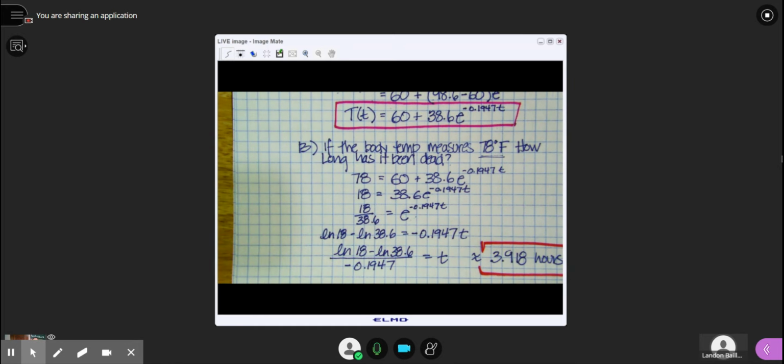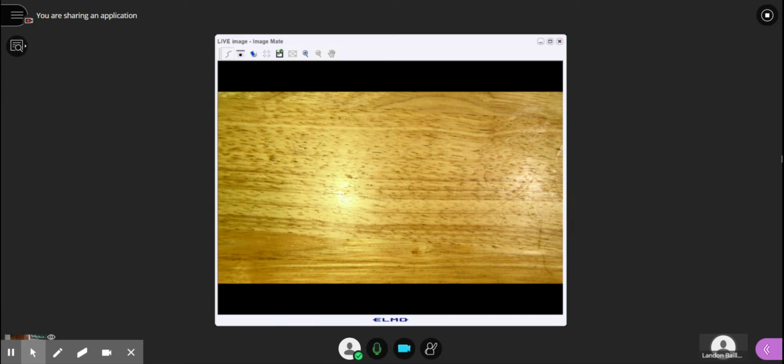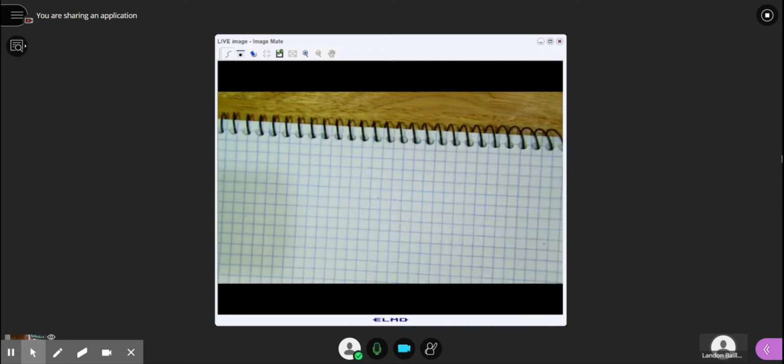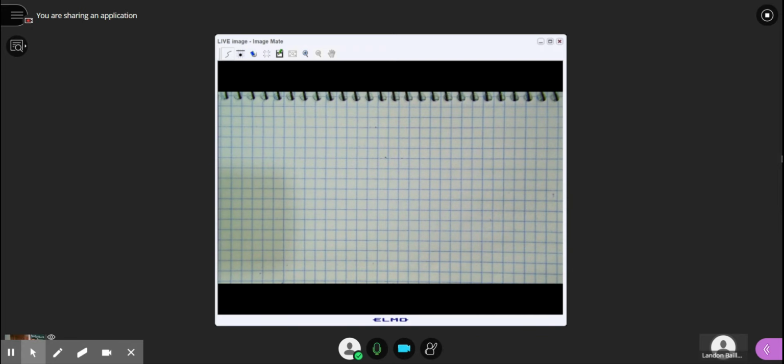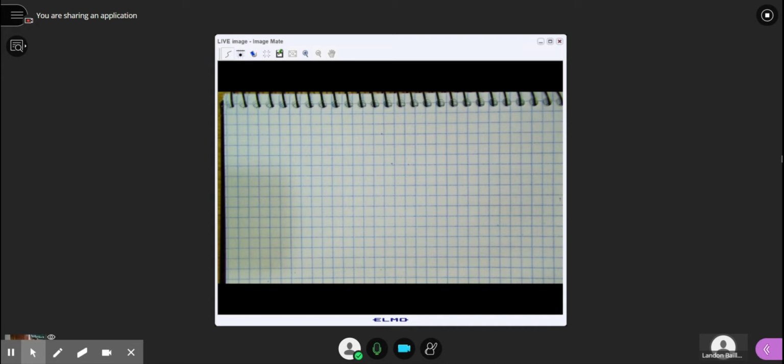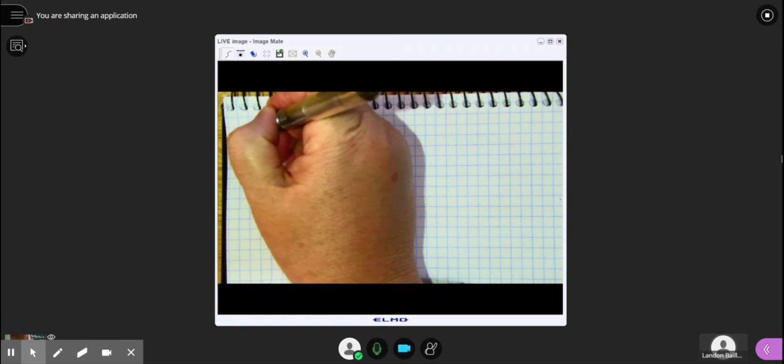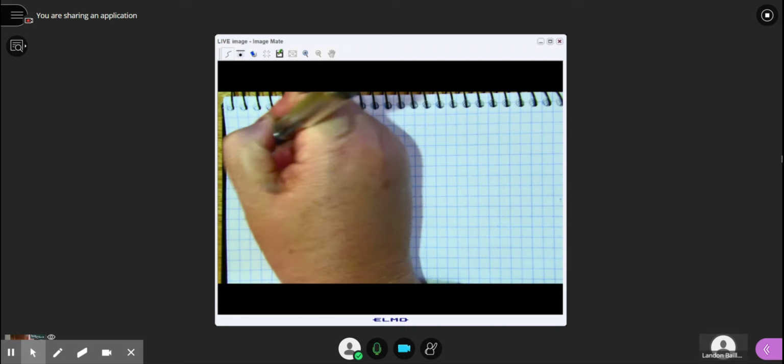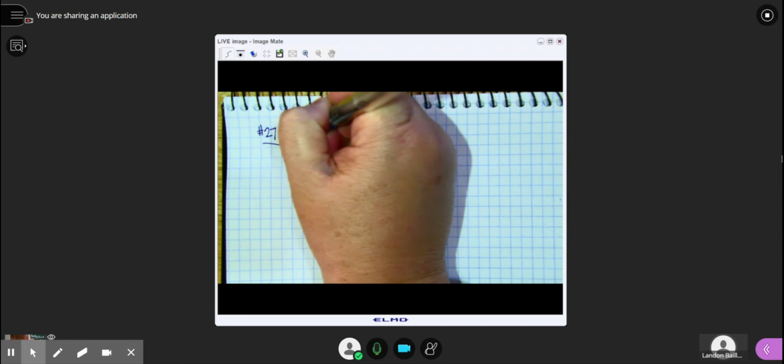You want to try one where we have to find k? All right. This is from the text. It's number 27. We're cooling a turkey.